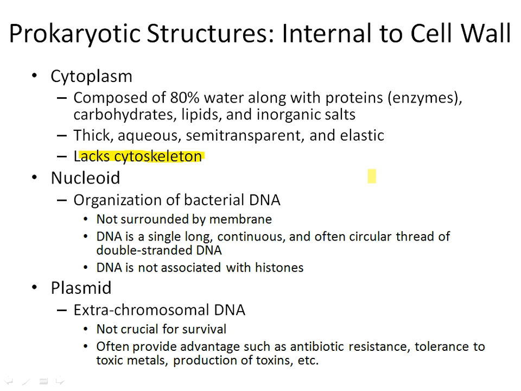Okay? Do prokaryotic cells have DNA? Yes, they're alive, so they must have DNA. That is the way we carry genetic material. The big key here is to understand that prokaryotic cells do not have a nucleus, but their DNA is sequestered into one region, and that region is called the nucleoid.